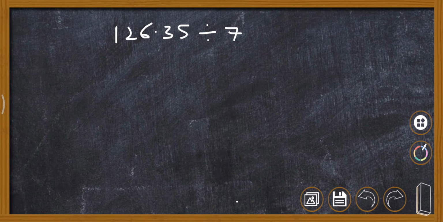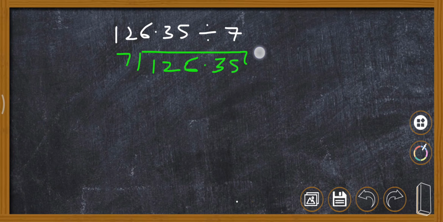Now this is second part of the same try these. Divide 126.35 by 7. So 7 ones are 7. It is 56. 7 eights are 56.